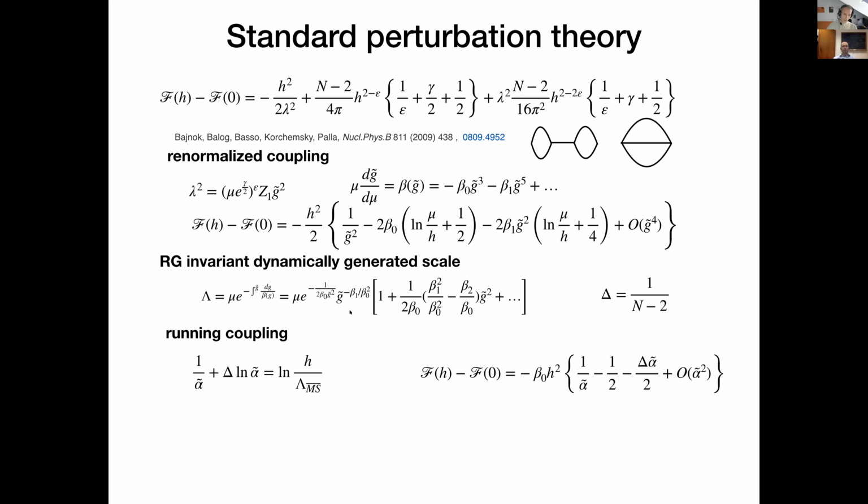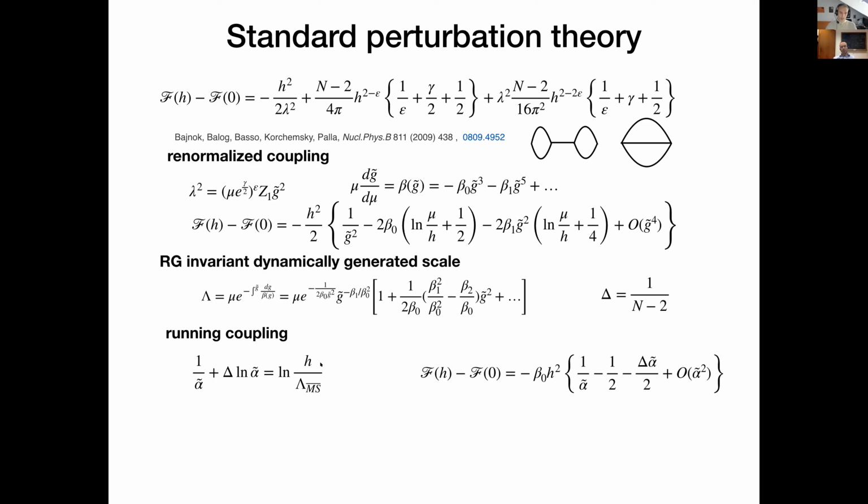Once you introduce this dynamically generated scale, actually, this theory is a very nice toy model because it is similar to QCD. Classically it's scale invariant, but if you do the calculation at the quantum level, then you will see this dynamically generated scale. And then you can calculate the scale in different schemes. And we did the calculation in the MS bar scheme.